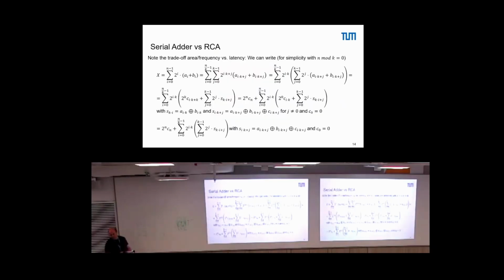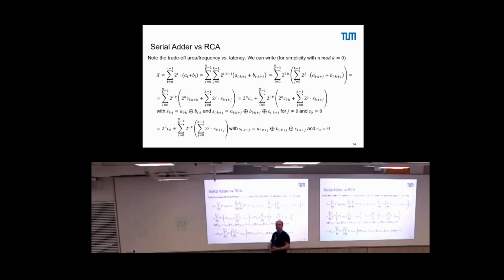Okay, now what we can do is a little bit of math. Same equations as before. I just go quickly through it. That's the equation we started with, right? Now, of course, we can split this. We have a sum with n elements.